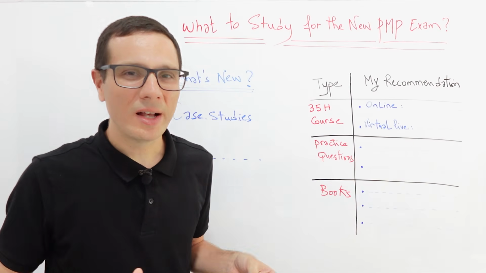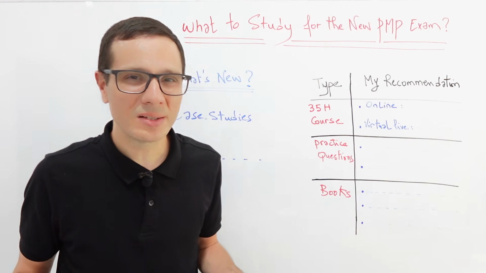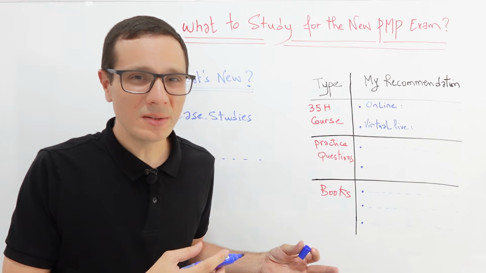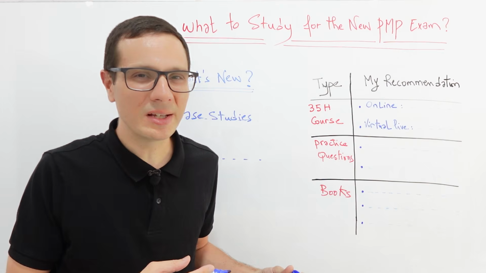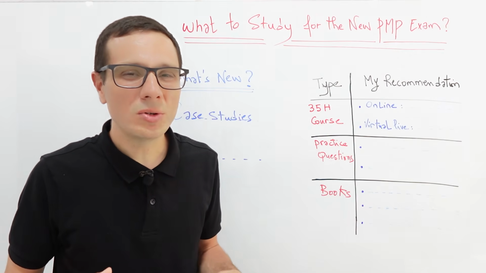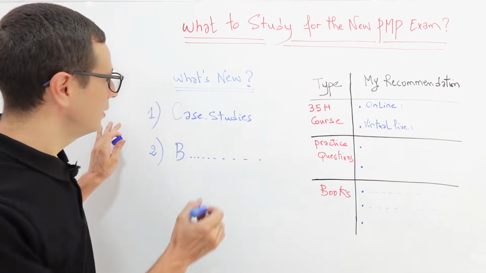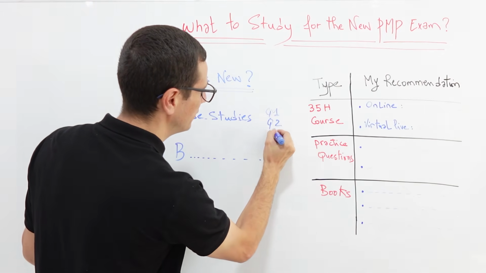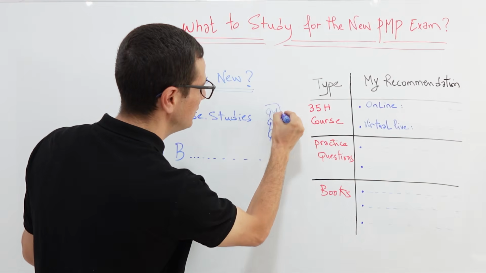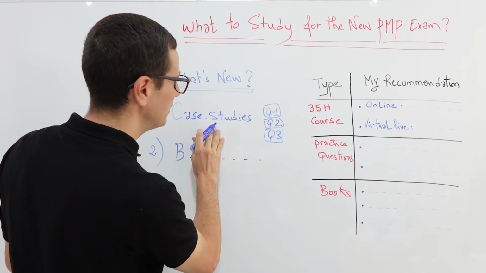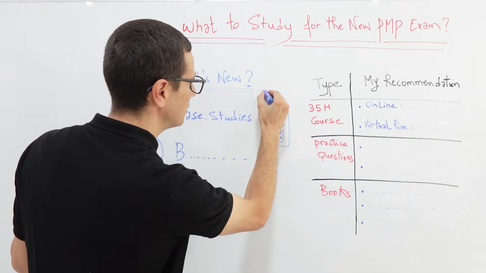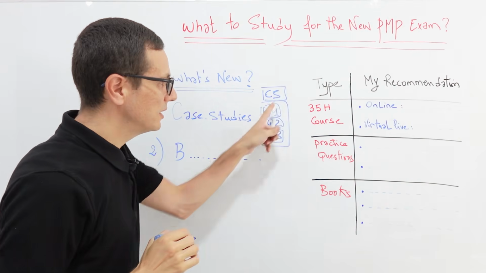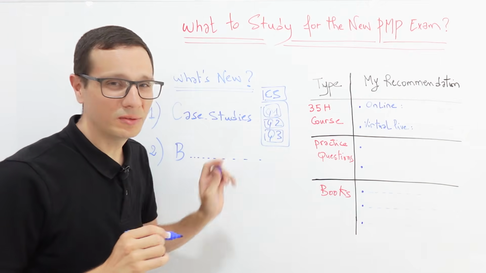For example, you might have a case study about analyzing stakeholders, and each question refers to the case study and tests you on it. So instead of question 1, then question 2, then question 3, all totally independent, all these questions are related to a case study, and you need to refer back to the case study in order to reply to these different questions.